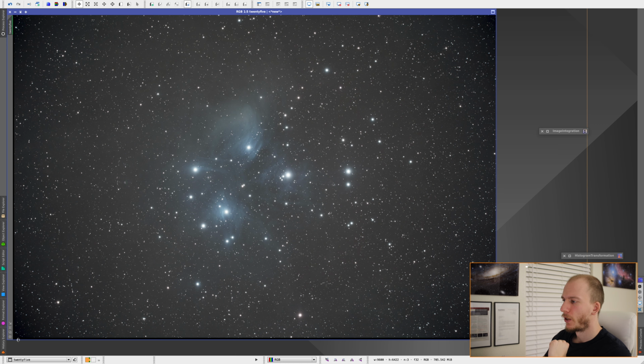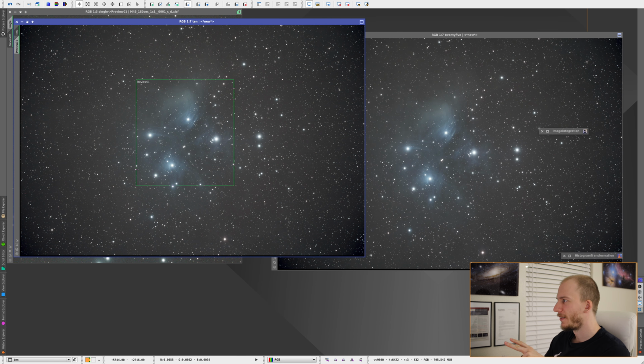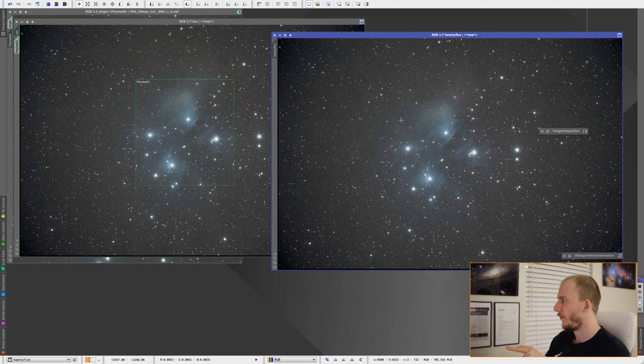So I'm going to compare. This is 10 and this is 25. With 25, the background looks darker compared to the nebula itself, compared to the Pleiades. The Pleiades colors and the gases, for example, here the gas is more dominant, whereas on this one it's a tiny bit less obvious, but honestly it's almost pretty identical.